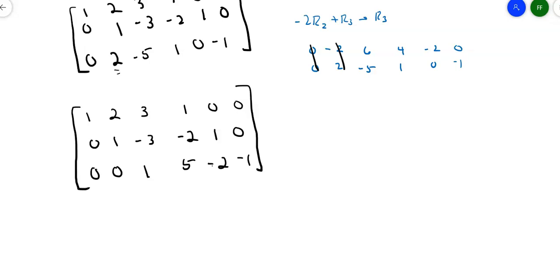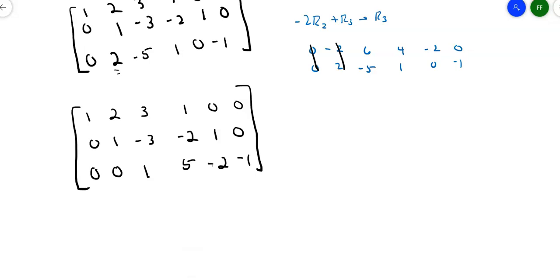All right. So we're getting somewhere. We now have 1s down the diagonal. We have 0s in the bottom left corner. Now our goal is to work our way up and get rid of the 3 and the negative 3 that's above the 1. So in this case, let's take a combination of row 3 and add it.